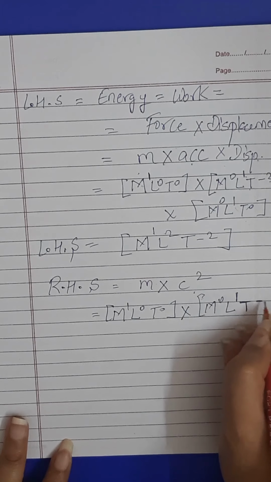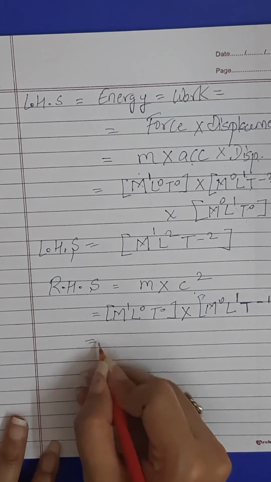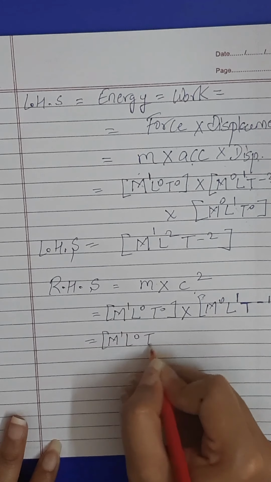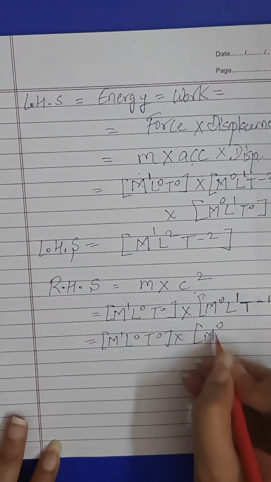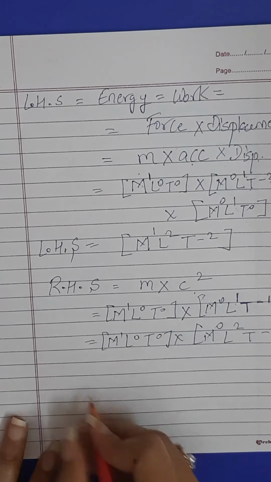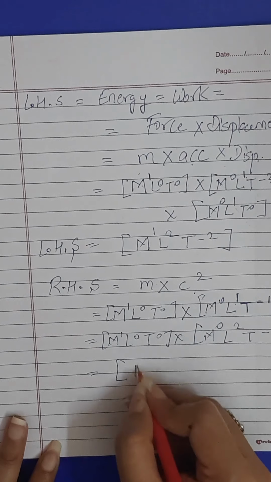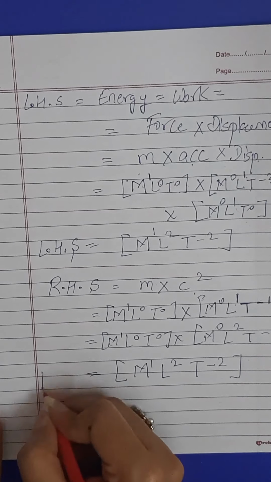Whenever we have the word per, the power becomes negative. And square, so the power gets multiplied inside. 0 multiplied by 2 gives 0, 1 into 2, 2, minus 1 into 2, minus 2. I will combine both yet again. It becomes M1, L2, T minus 2.